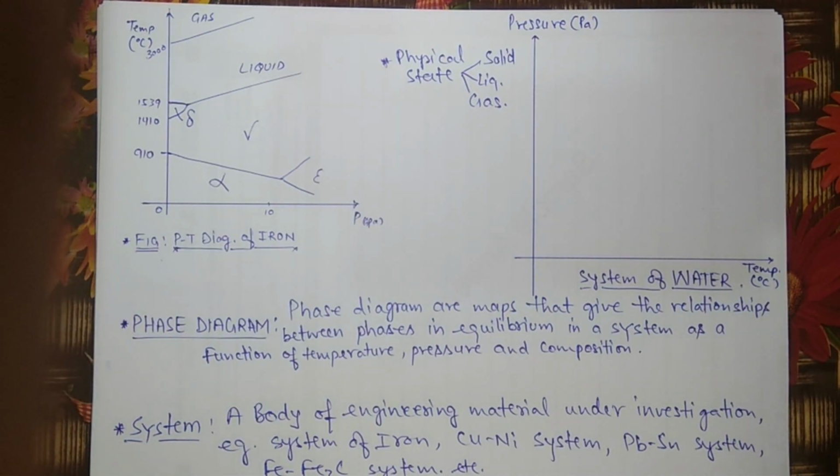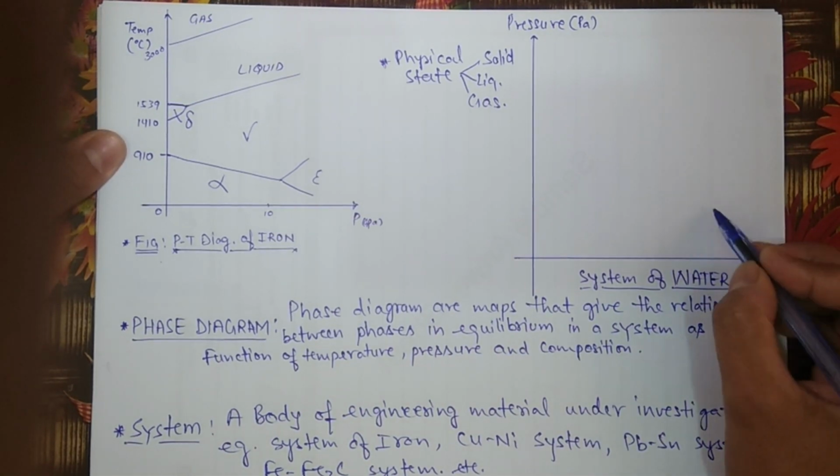Now think about these two axes and try to understand: when we have high temperature and low pressure, the space of high temperature and low pressure is this space, right? At this high temperature and low pressure, you have to think in which physical state water is going to exist. That state is the gaseous state.